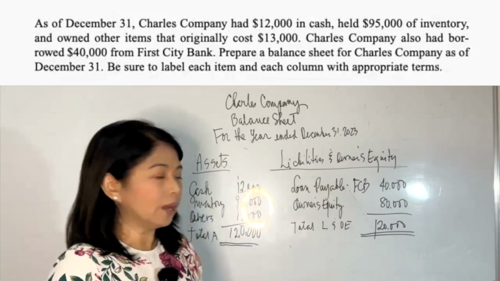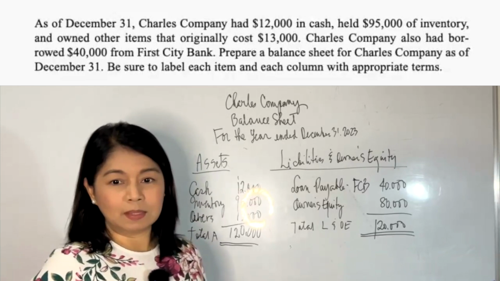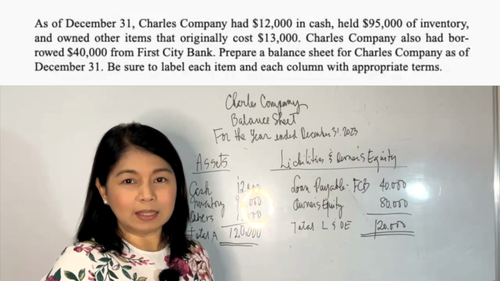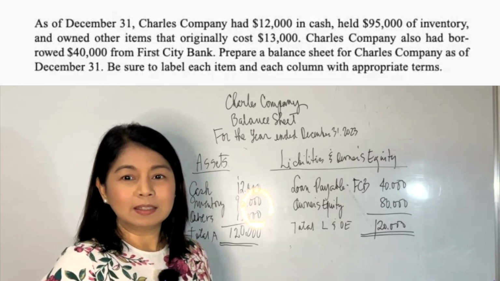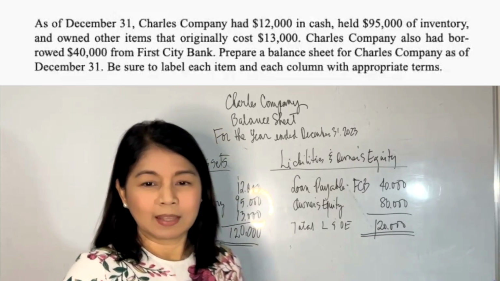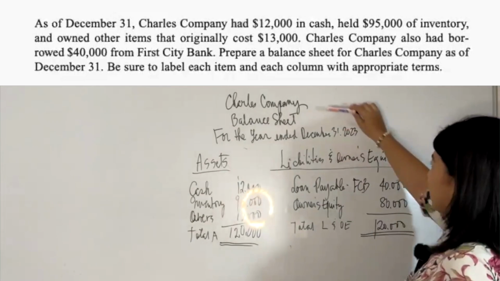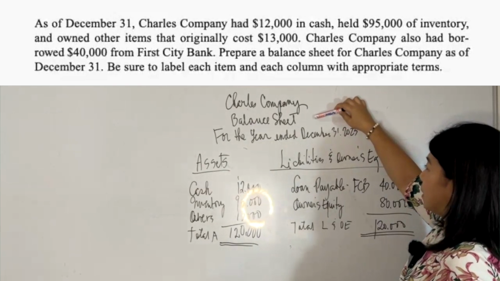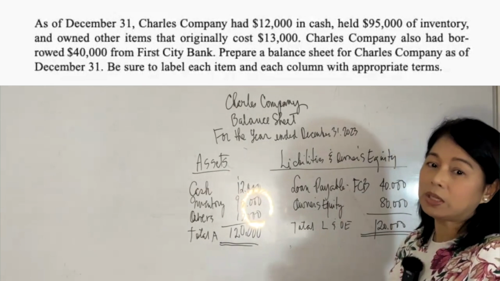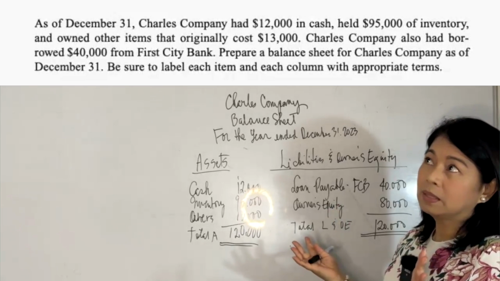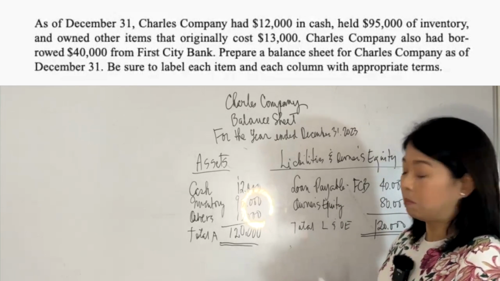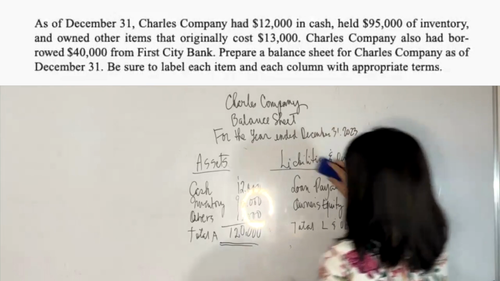Nothing to change there, both equal. Okay, do you find it easy? Any question? So again, very important: name of the company, name of the statement, and if it's a balance sheet for the year ended. Sorry, that's wrong. It's really just December 31.